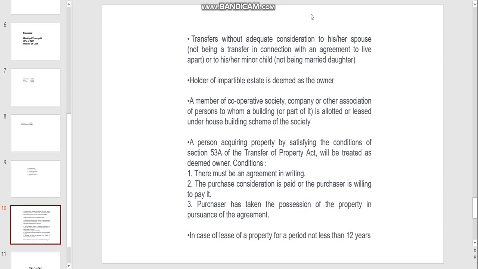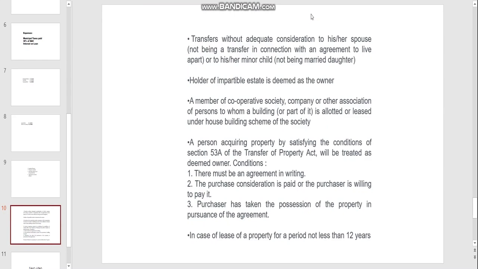First is transfer without adequate consideration to his or her spouse or his or her minor child. Minor child does not include a minor married daughter. So some people may do tax planning, assuming that the rent will be taxable in the hands of the spouse who is in the lower tax bracket by just transferring the flat to them for inadequate or no consideration.